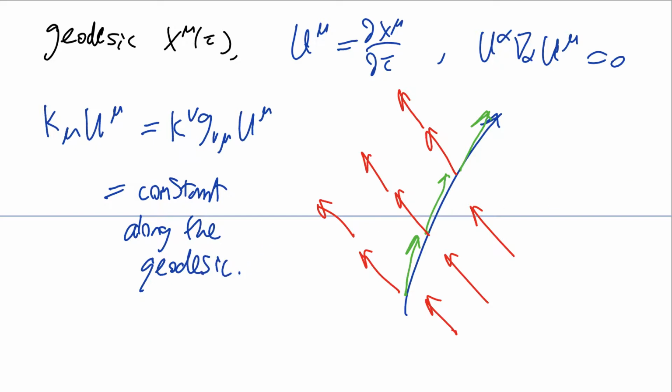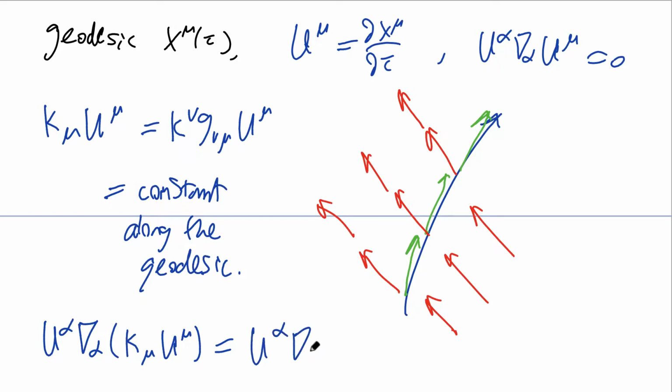And that's fairly easy to prove. We just differentiate this function along the world line, and the derivative along the world line we can write as u alpha del alpha of this quantity, k mu u mu. Okay, so now using the product rule, this is u alpha del alpha k mu times u mu plus u alpha del alpha u mu times k lower mu.